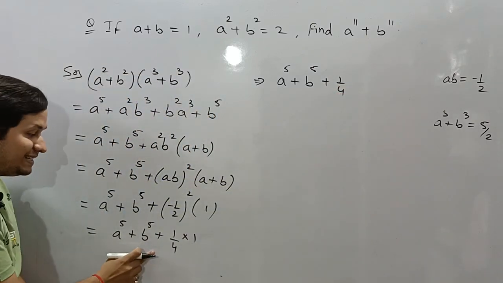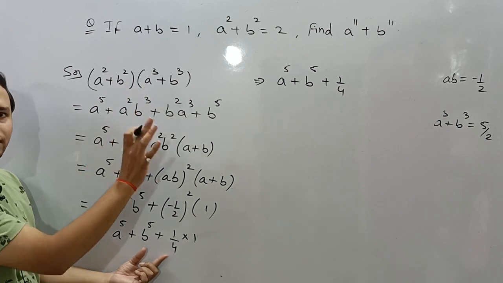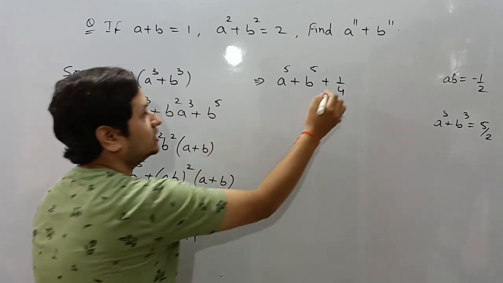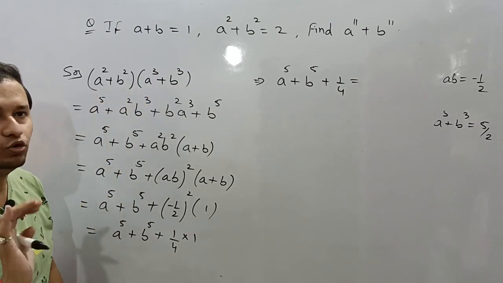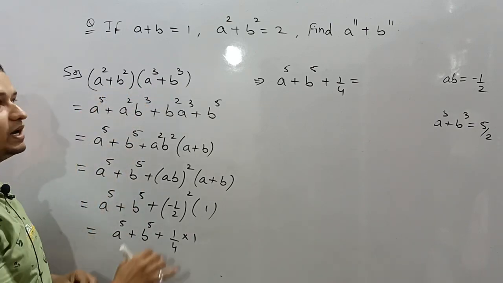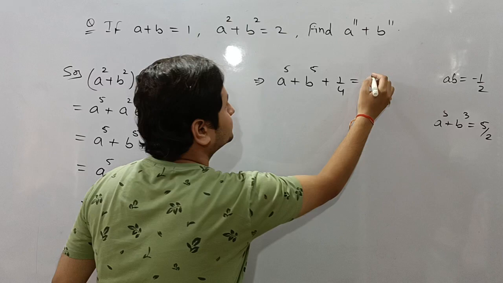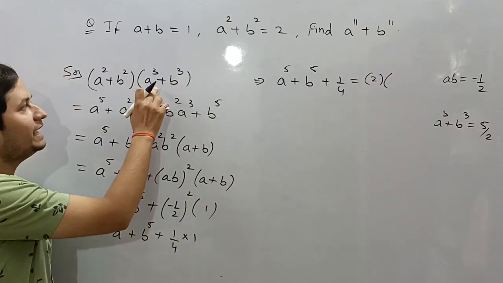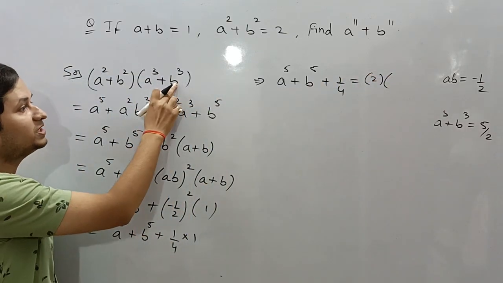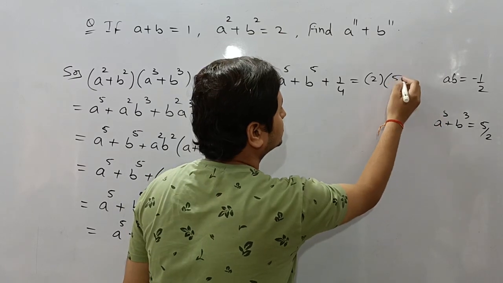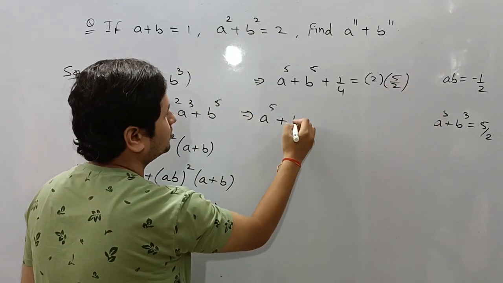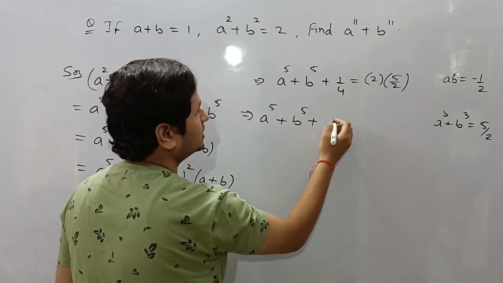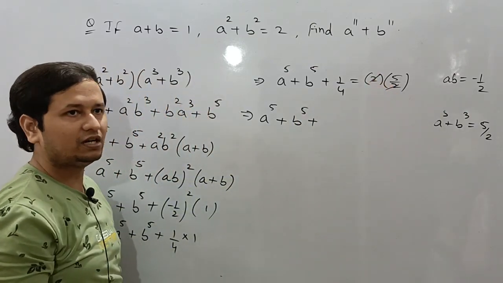But it is equal to this. It is equal to a square b square into a cube plus b cube. And a square b square is 2 into a cube plus b cube. a cube plus b cube is 5 upon 2. Got it? Now a raised to the power 5 plus b raised to the power 5 and 2 will be cancelled.